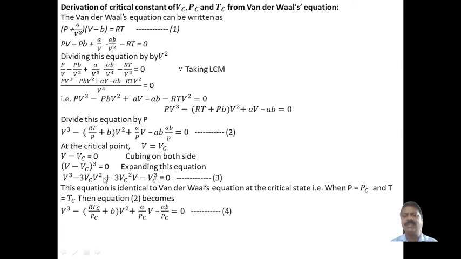This comes from expanding the (a - b)³ formula, and this gives equation number 3.